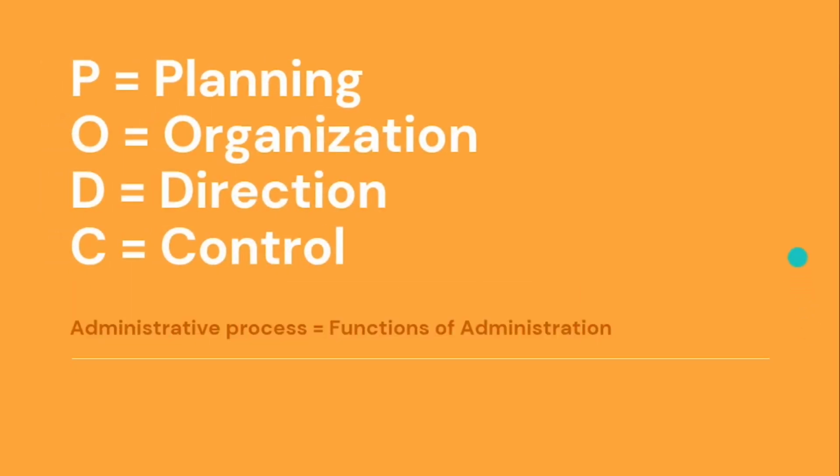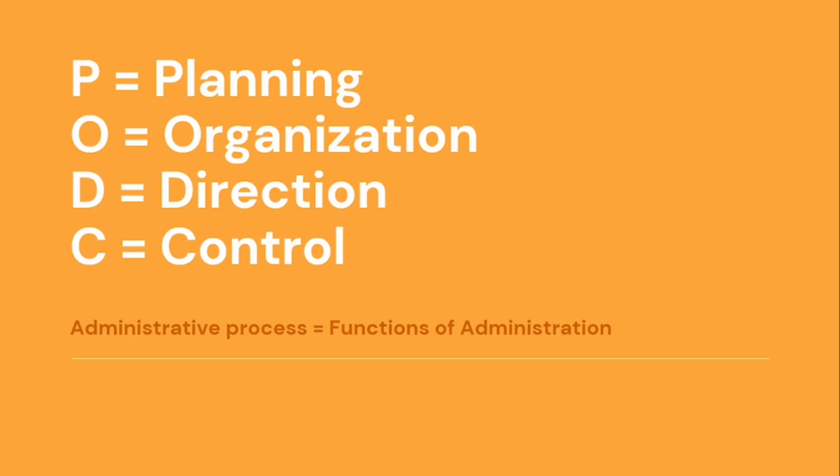Administration or management, let's take them as synonyms in today's presentation, may be summarized by the acronym PODC. P for planning, O for organization, D for direction, and C for control. So what does an administrator do? What does a manager do? He plans, he organizes, he directs, and he controls all together.